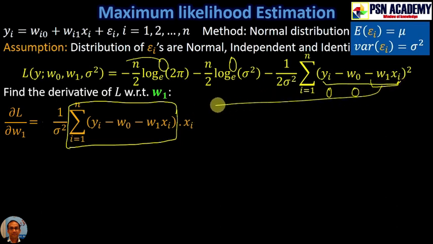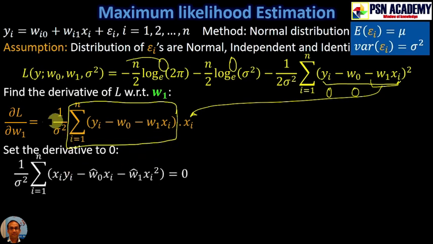So this xi is coming over here. Now you set this derivative to 0. So 1 by sigma square, and the xi has been multiplied with each term inside. So xi yi, w0 hat xi, and w1 hat xi square equal to 0.